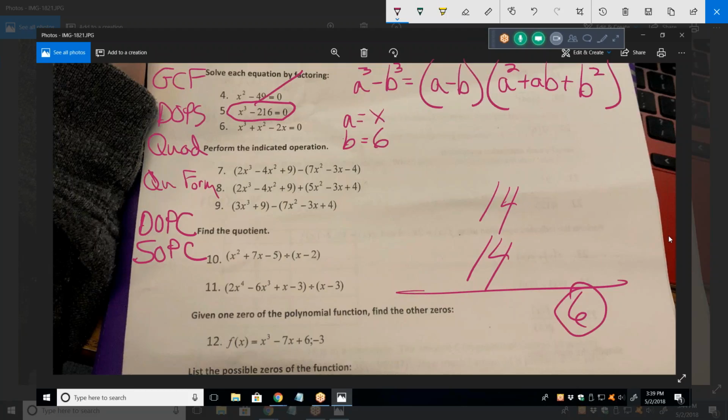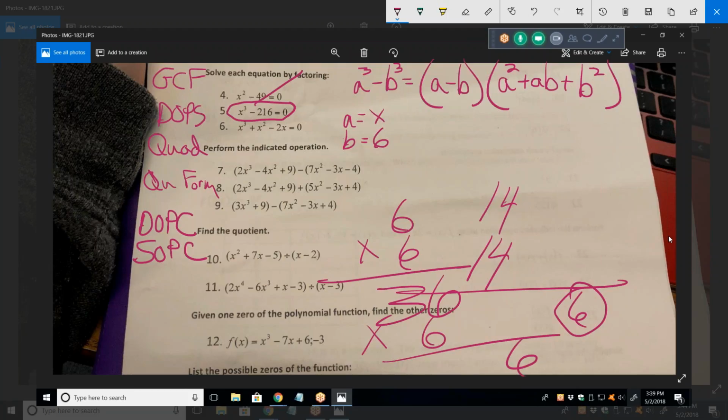Well, in this case, I'm saying that 6 times 6 ends in a 6. And then I'm going to multiply it by 6 again. That ends in a 6. So the fact that I see that this ends in a 6 tells me a lot of information. It means it can't be 5 cubed.